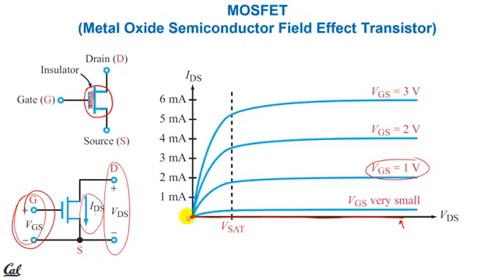But then as I increase VDS, I get a little bit of current that increases. But after a little bit, not at too high a voltage, it'll flatten out, not entirely, but pretty close to looking like a horizontal line. This region is called saturation. So it kind of makes sense.